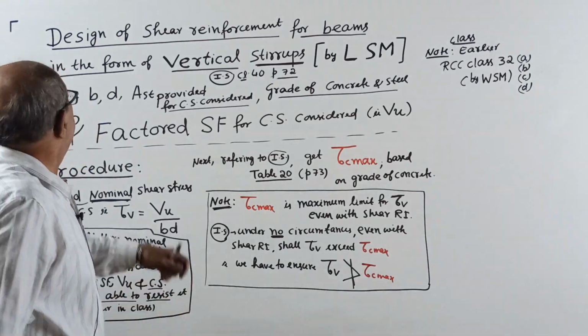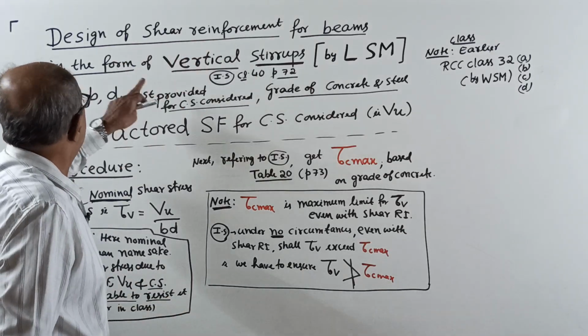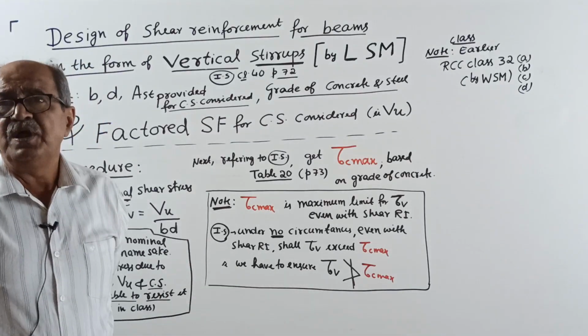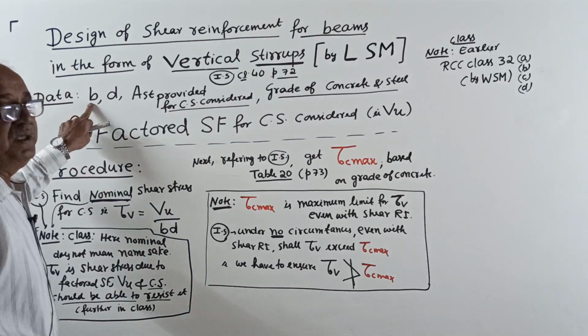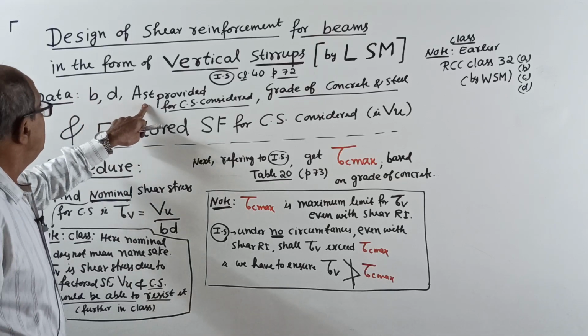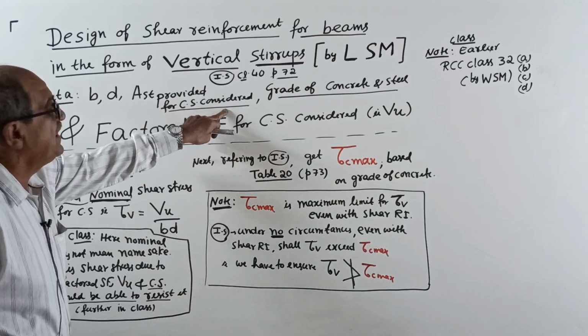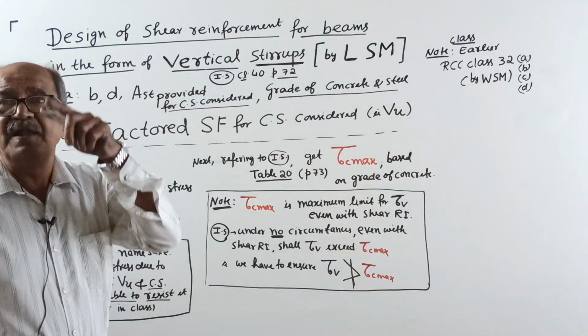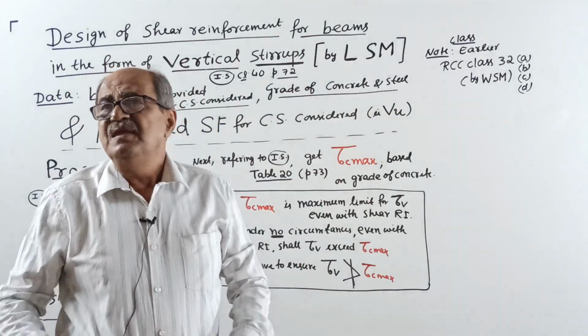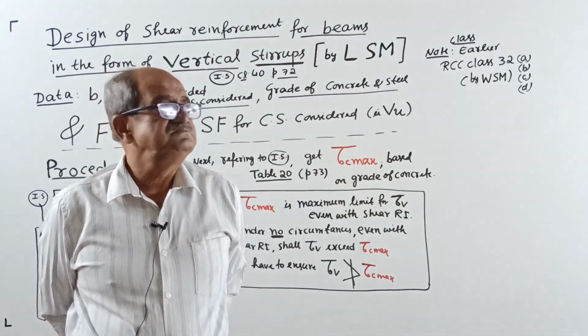To design shear reinforcement in the form of vertical stirrups for a beam, what data do you require? Width of beam B, effective depth D, AST provided for the cross-section considered. This I told at that time. Along the length of the beam, AST may not be the same.